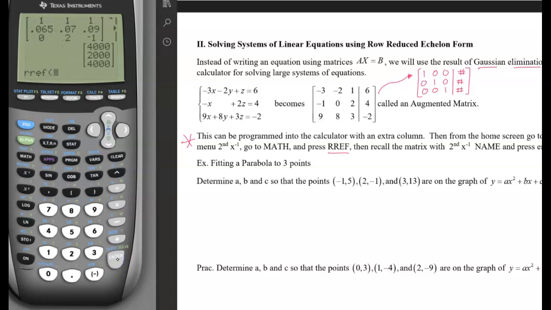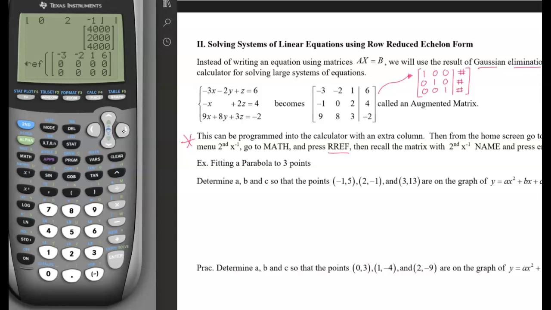Once you do that, we're going to enter our matrix. So this matrix in our example is a 3 by 4. And we have a -3, -2, 1, 6. That line there in the middle of the matrix just denotes that we're combining what were originally 2 separate matrices together.